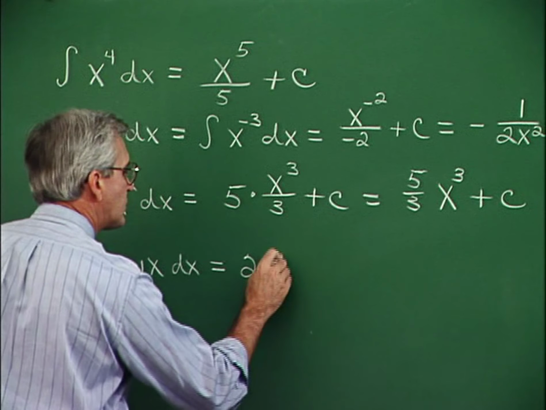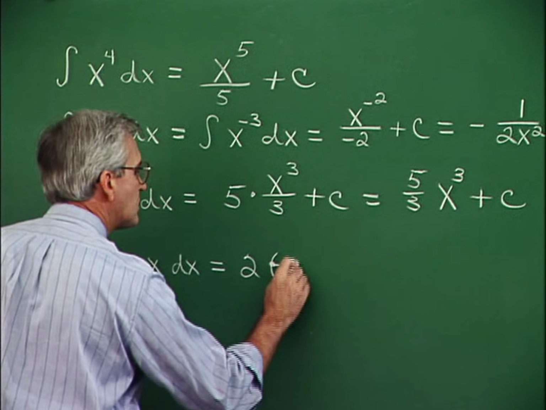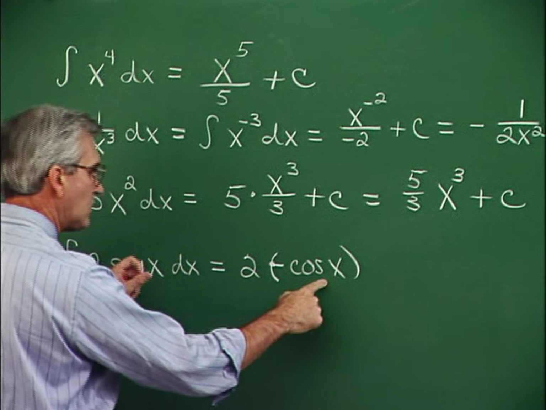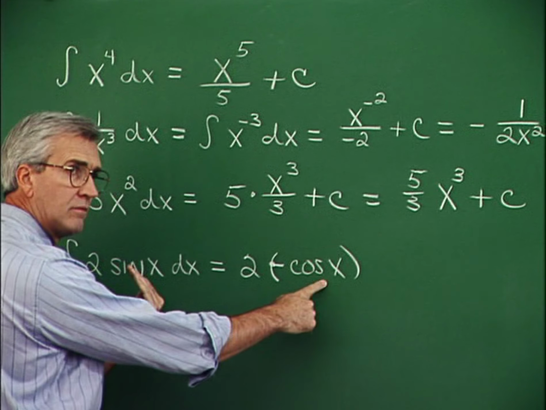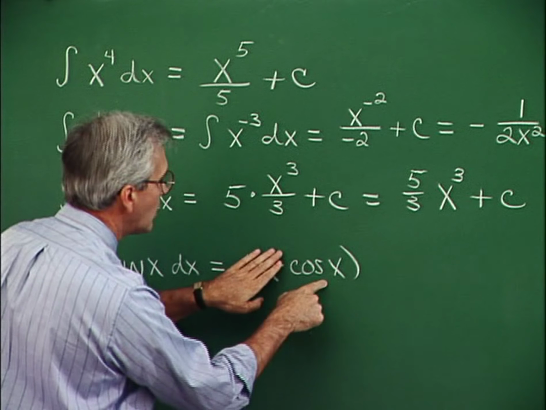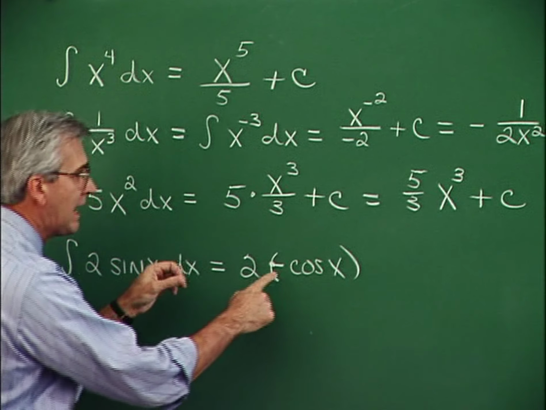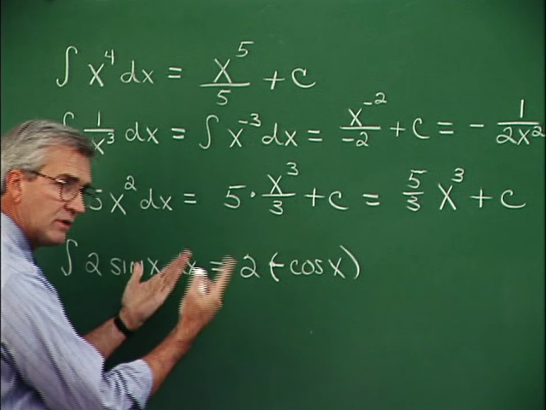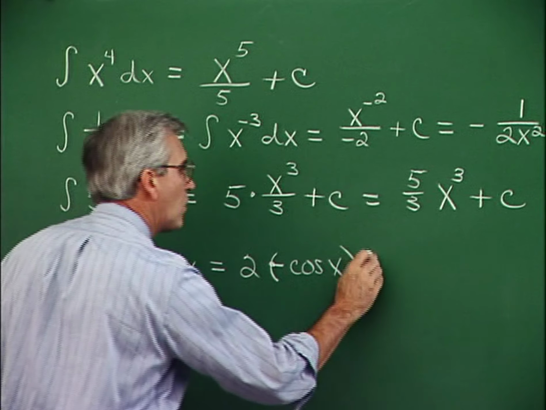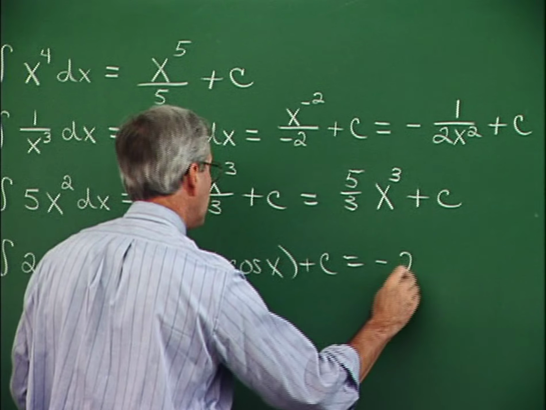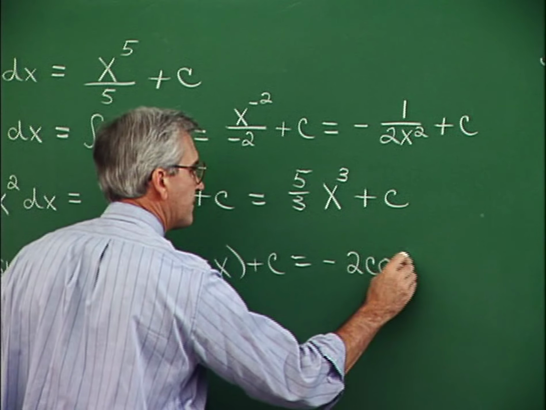So this is 2 times negative cosine x, because the derivative of negative cosine would be sine, because the derivative of cosine x is negative sine x. So pop that negative in here, and boom, we have the derivative of this is sine x. All right, then of course the plus c, and cleaning this up a little bit, it's negative 2 cosine x plus c.